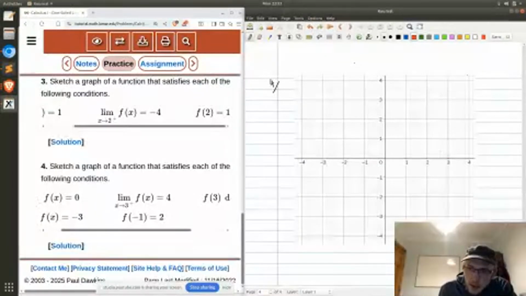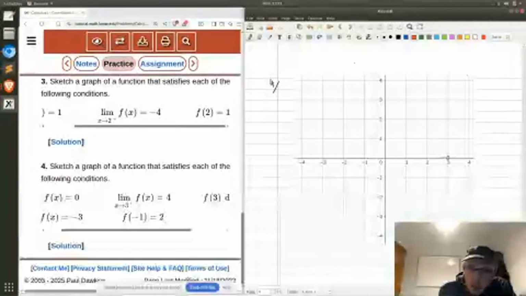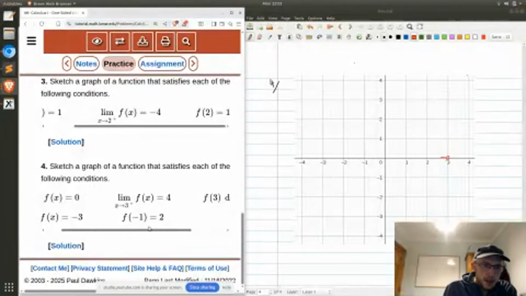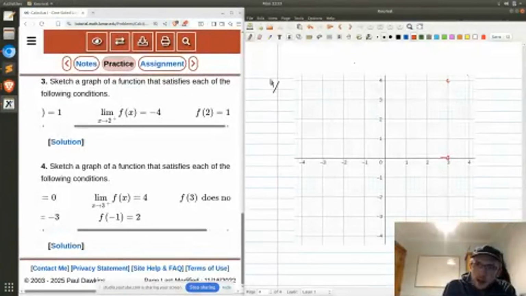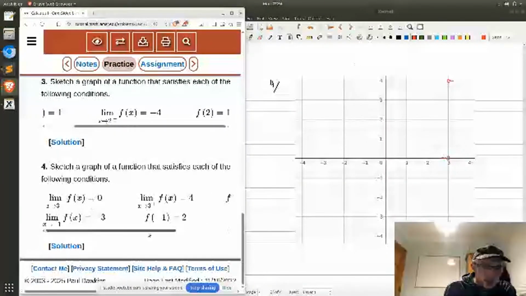You know what? I have an idea. Do a hollow dot and then just do a tiny little tail like that. As you approach 3 from the right, it should be 4. So again, another little hollow dot and a tiny tail like that. And f of 3 exists. Okay, that's good.